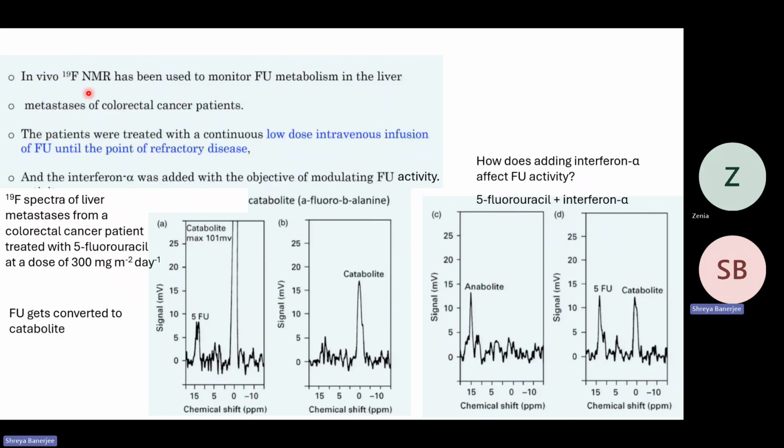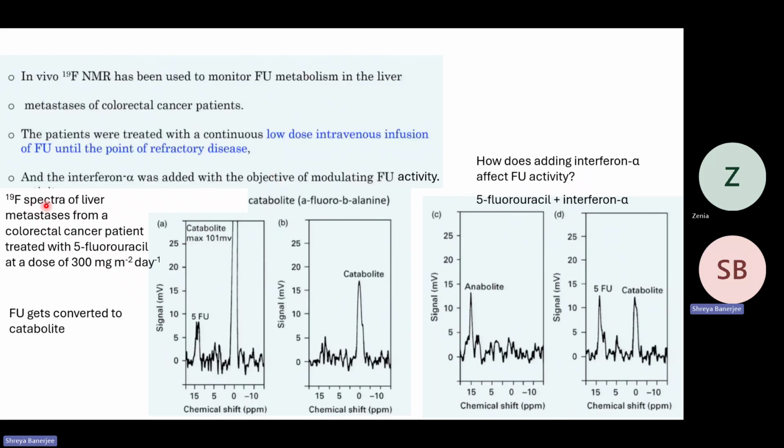So in vivo 19F NMR has been used to monitor fluorouracil metabolism in the liver. In colorectal cancer patients, they were treated with a low dose intravenous infusion of fluorouracil until the point of refractory disease.